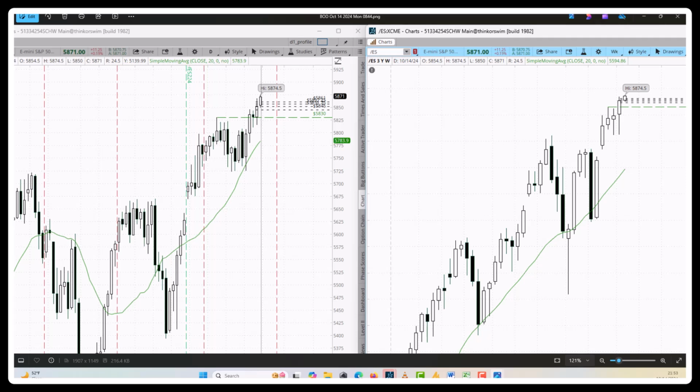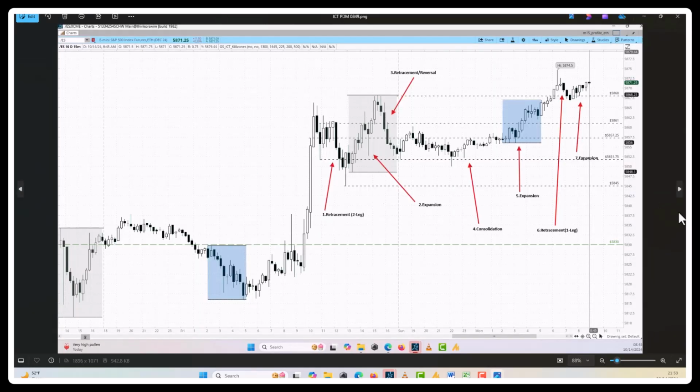And here's our analysis. Basically, we see that retracement right there. It's a reversal, then it goes to consolidation, and then we see that expansion in London, and right here also expansion, and then we see the retracement, and a little bit right here is also expansion.